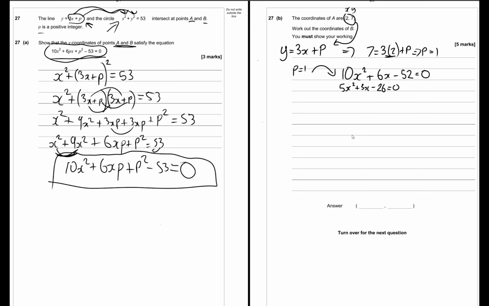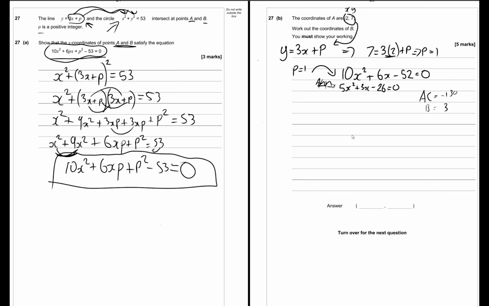Okay, so we've got still a difficult quadratic to solve. To do these when the leading coefficient isn't 1, we have a different method. This method requires finding AC and B. So in our case, what is AC? AC is going to be 5 times minus 26, which is going to give us minus 130. And then B is going to be 3.